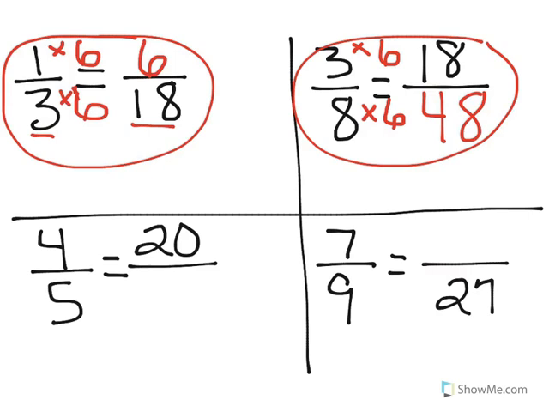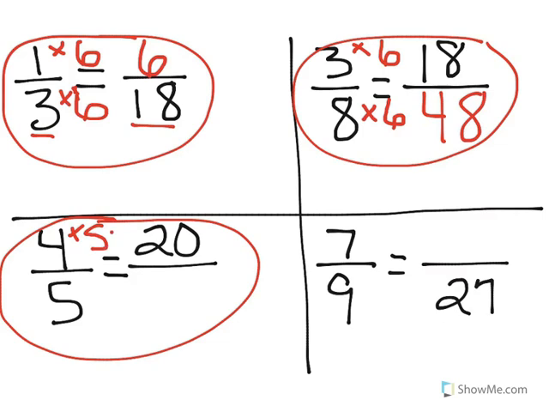On the bottom left-hand side, I have 4/5 equals 20 over blank. I know both of my numerators, so I can do 4 times 5 to get 20. So I have to do the same thing to the bottom. 5 times 5 is 25.